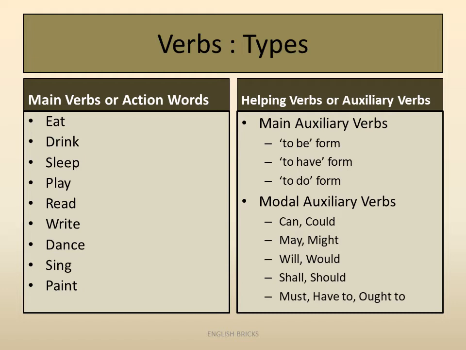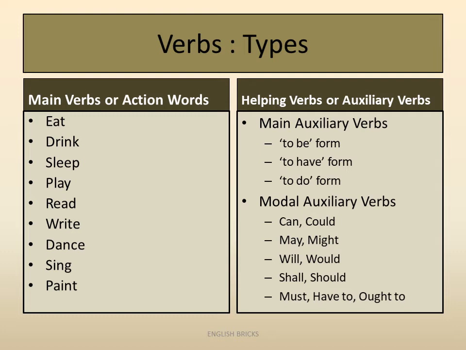Under main auxiliary verbs, you have the to be form, to have form, to do form, and under the modal auxiliary verbs, you have can, could, may, might, will, would, shall, should, must, have to, ought to. We'll study all of these in greater detail in our coming lessons and videos.